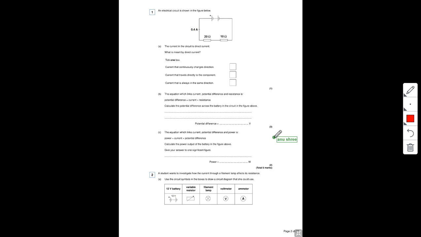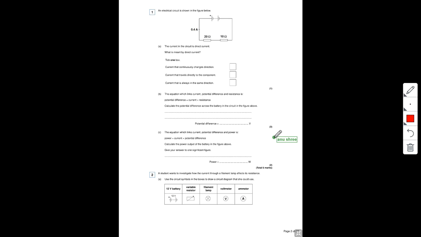Is this clear? Current remains the same throughout the circuit, and potential difference is the sum of the potential difference through every component. Suppose V1 is the potential difference of the first component, V2 is for the second, then total potential difference equals V1 plus V2. Is this clear? Okay. Yes.